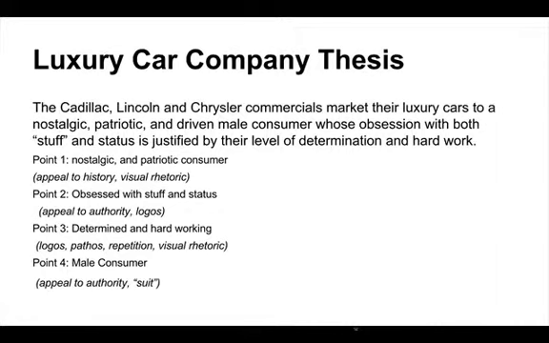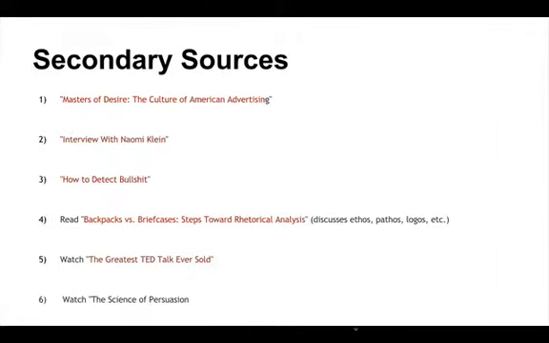And also, with regards to your secondary sources, the language of argument was given to you, and you have it in Moodle, and it's the Masters of Desire, the Culture of American Advertising. This is a really important one. It's quite lengthy, but it's definitely going to help you when you're supporting your claim about X product. You also have the interview with Naomi Klein to refer to.